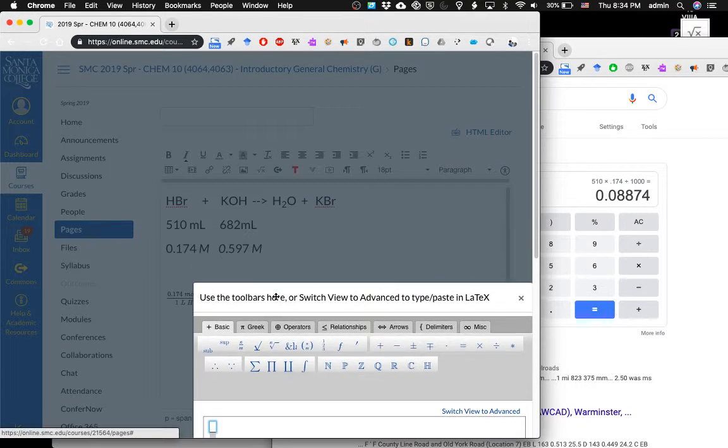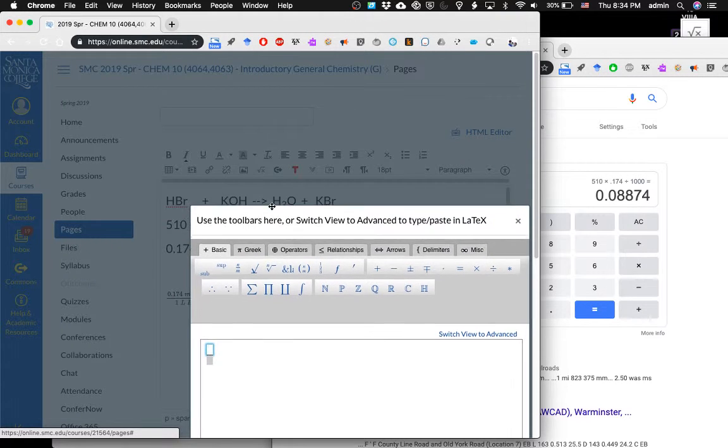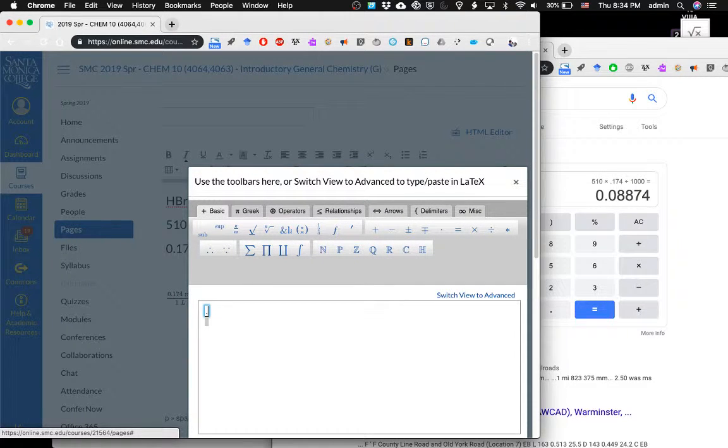So what was it? 0.597 molar and 682 milliliters. So 0.597 moles of OH minus in 1 liter of the KOH.